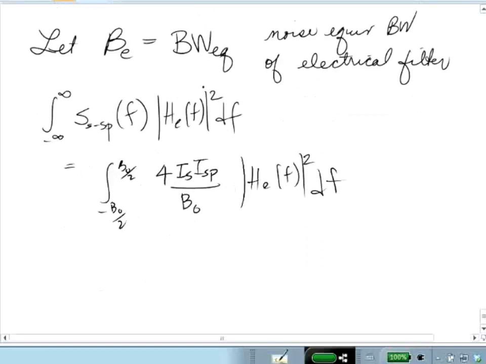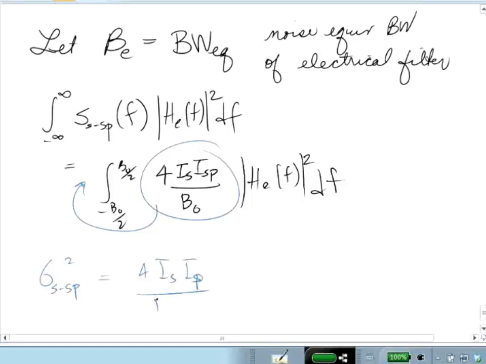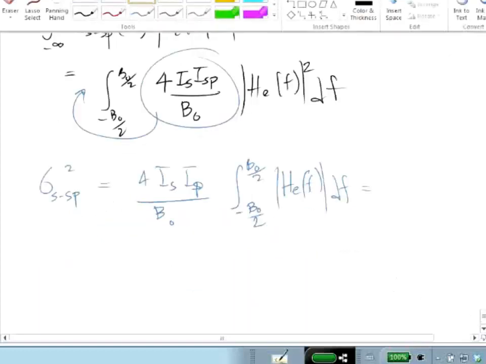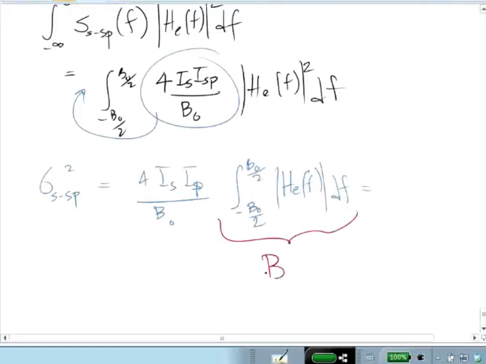And these are constants, so the constant terms can be brought outside the integral. And so what I'm left with is that the signal-spontaneous variance squared is equal to 4 IS ISP over B0 times the integral from minus B0 over 2 to B0 over 2 of HE of f squared df. And this should be approximately equal to simply BE.